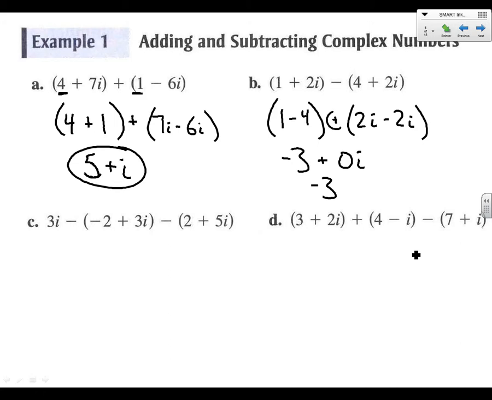Notice here that I put a plus in between, even though it's a minus problem. What this plus is really saying is that we're talking about real numbers and imaginary numbers. And the minus is dealt with twice, once for the real numbers and once for the imaginaries.